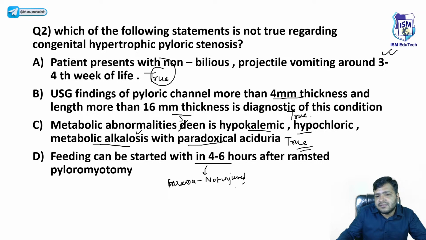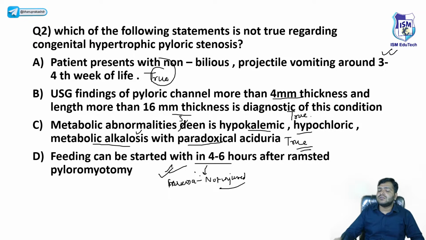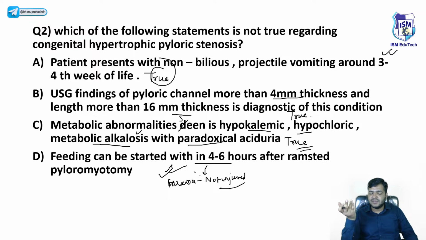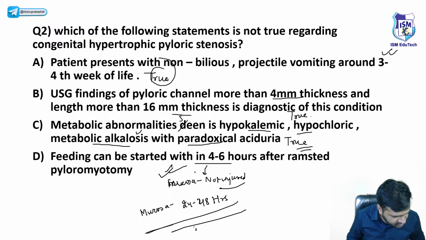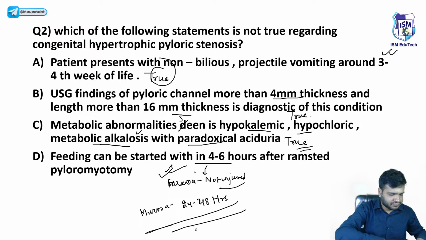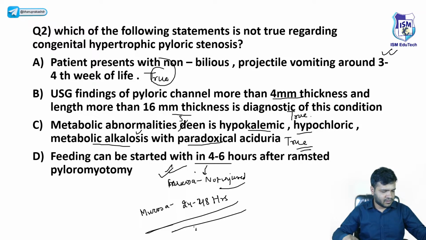If the mucosa is not injured, then in approximately 4 to 6 hours, we'll start with the feeding. And if the mucosa is injured, then we have to start the feeding after 24 to 48 hours. I hope this is clear to everyone.